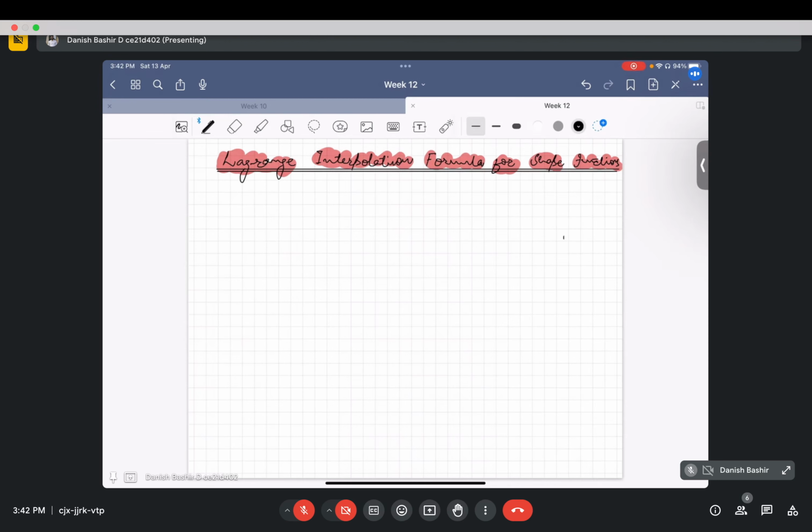So if we need to write a shape function for some element which is having n nodes, like there will be any element which will be having any n nodes. For example, let me draw an element. So for example, we are having some element, so it's having one node here, one node here. Let me draw it not perfectly.